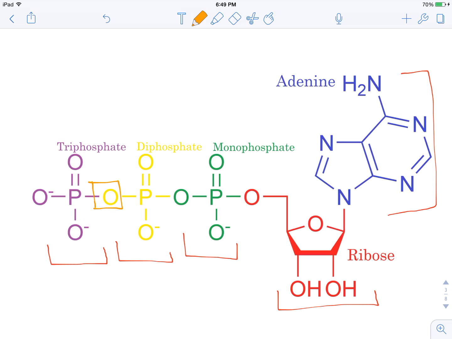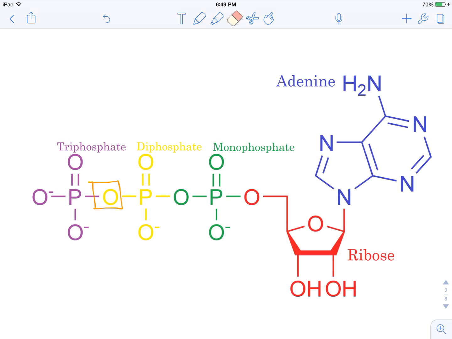It wants to get off of ATP, this third phosphate group, and when this happens, energy is released. We also have to understand that molecules like to be stable. So whenever there is an opportunity to do so, molecules will take it. Let us take a closer look at phosphate.